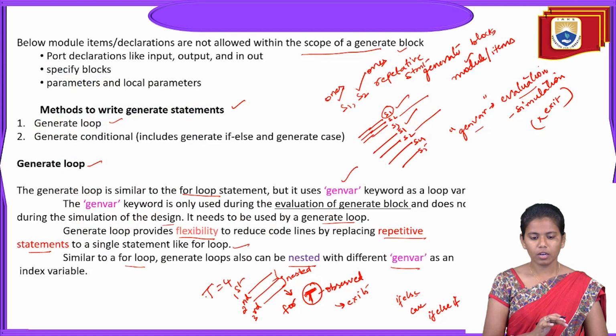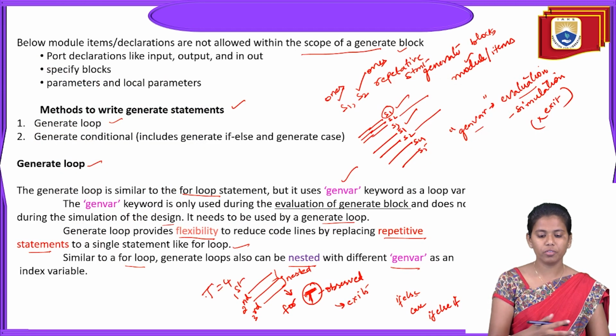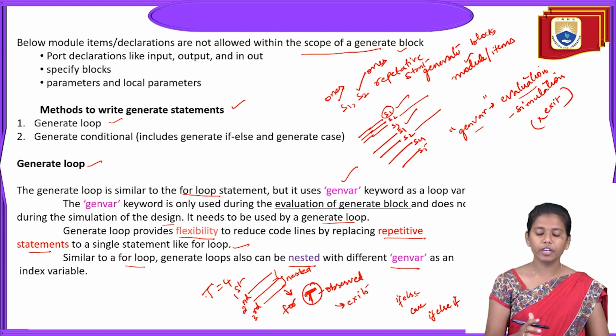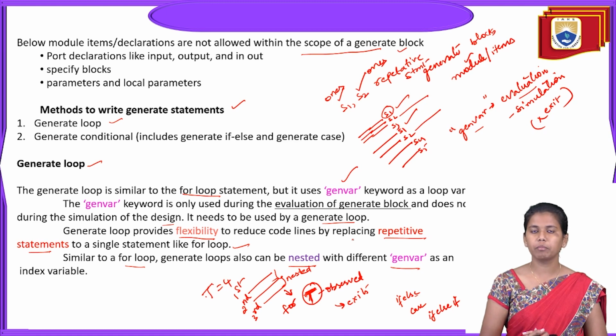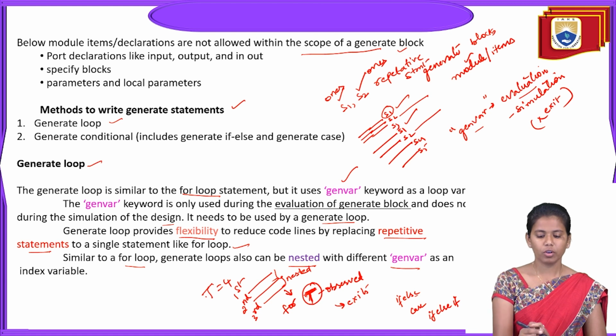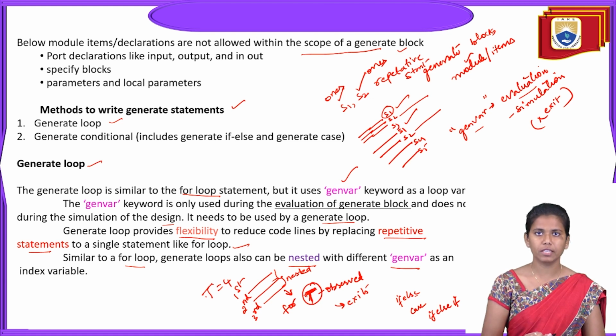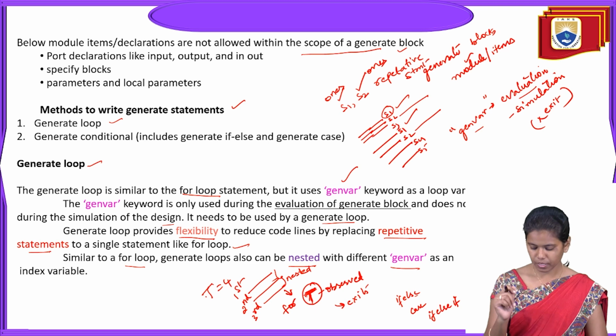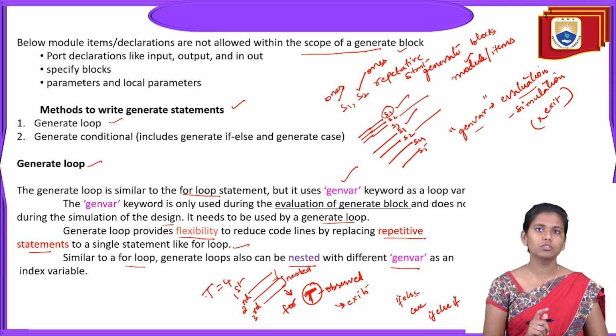We have also discussed the generate loop as well. Remember the generate loop: in the generate loop, the repetitive statements can be considered as a single statement. This is one of the advantages. Why? Because generate loops are flexible, so we can reduce the repetitive statements into one single statement.